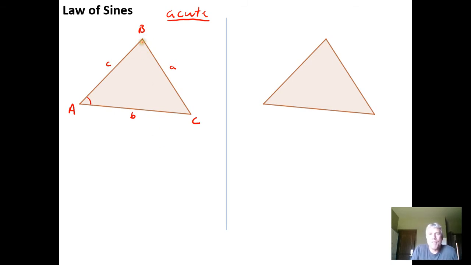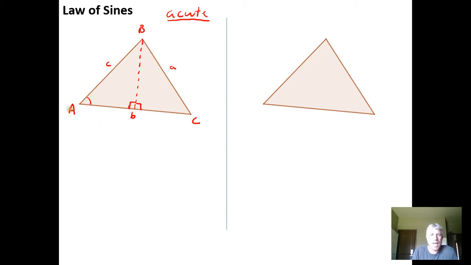And to derive the law of sines, what we do is we go to any of the three angles, it doesn't matter which one, and we drop a perpendicular from that angle to the other side of the triangle, so that we get two right triangles. And then we apply right triangle trigonometry to come up with some relationships.